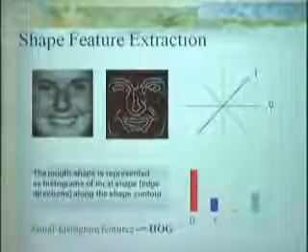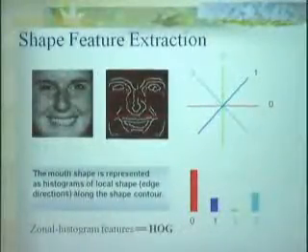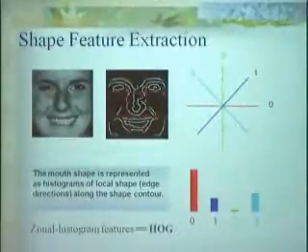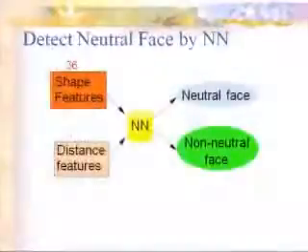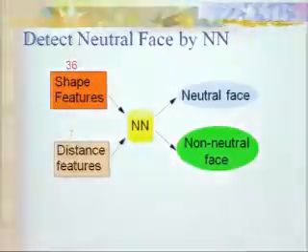We have a four-directional histogram. This shows these three combinations of features, showing in which direction the edge is described. So we put this feature, the shape features, and the geometry features together into the neural network. Then we find the neutral phase and non-neutral phase.